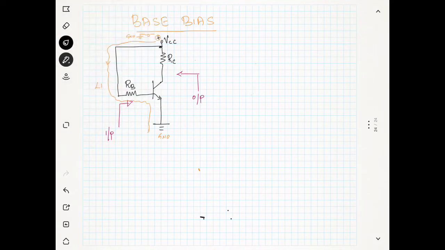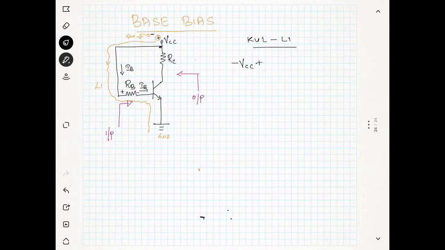So we will write the KVL at loop 1. When we start from the ground, we first see the negative, so it is minus VCC. The current IB is going into the base, so whenever the current enters the RB, here it is positive and here it is negative.